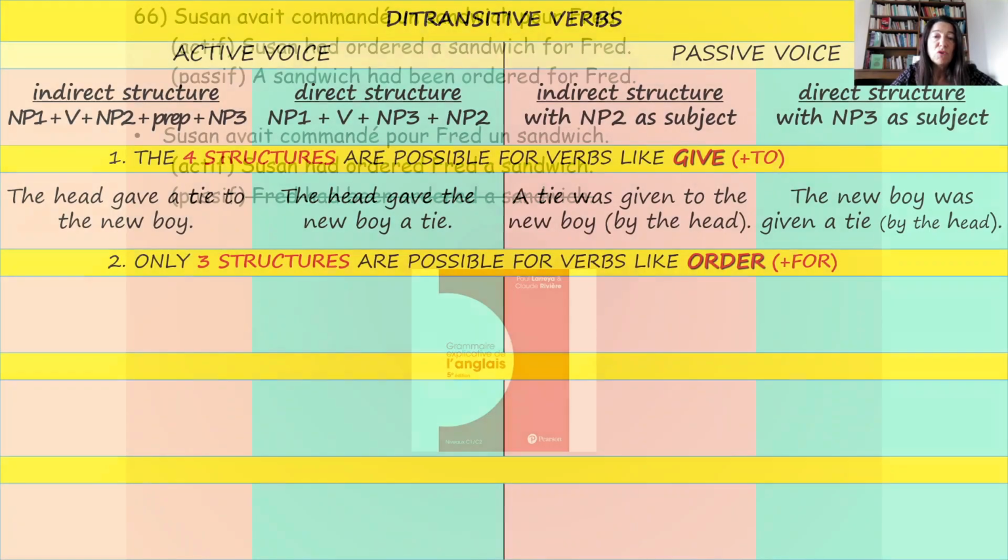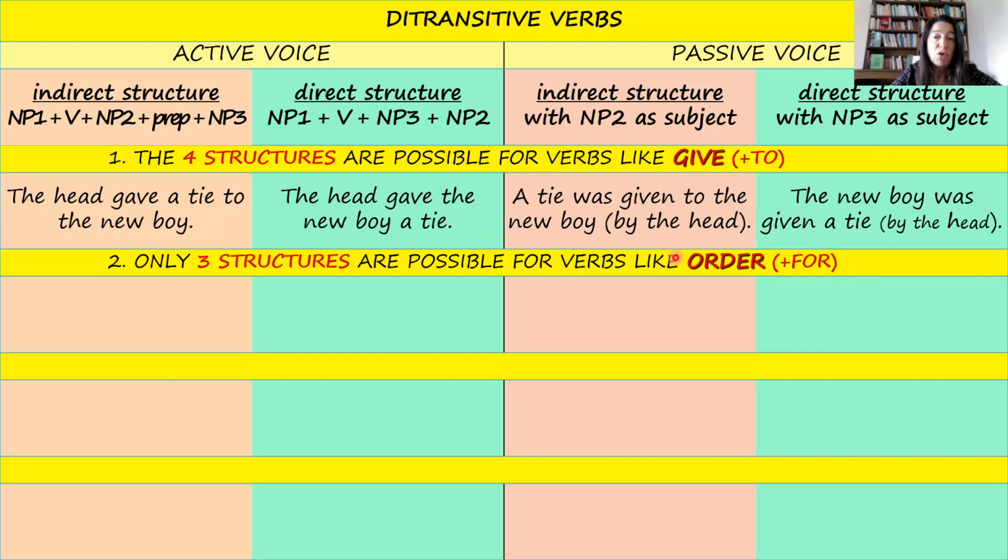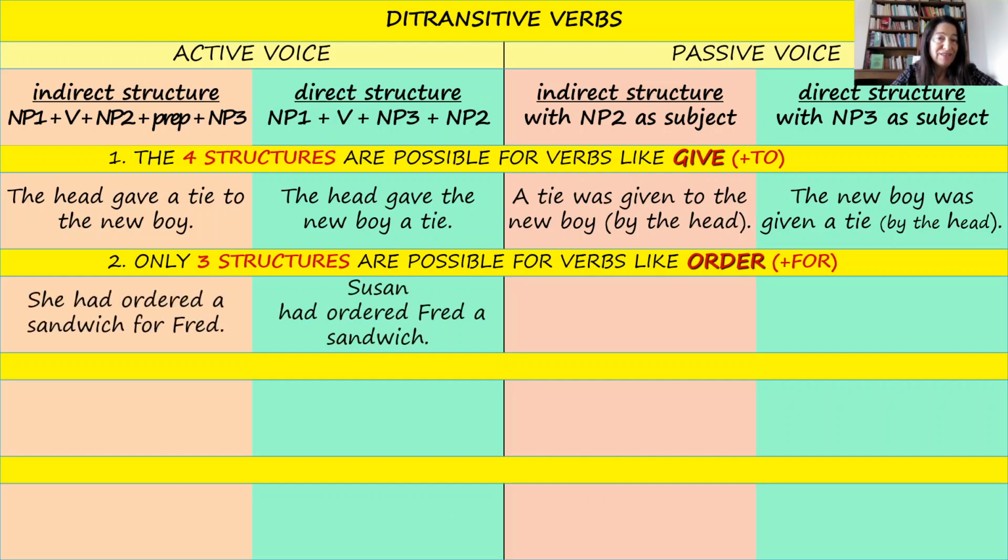So let's take the verb order as a model for all the verbs that only enable three structures, with which it is only possible to use three of the four syntactic structures that we have here. So with the verb order, the two active voice structures are possible. We can say she had ordered a sandwich for Fred in indirect structure, or she had ordered Fred a sandwich.